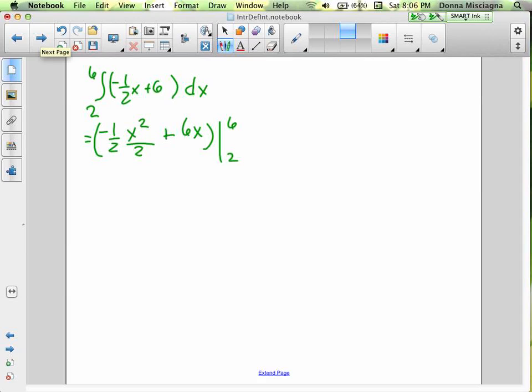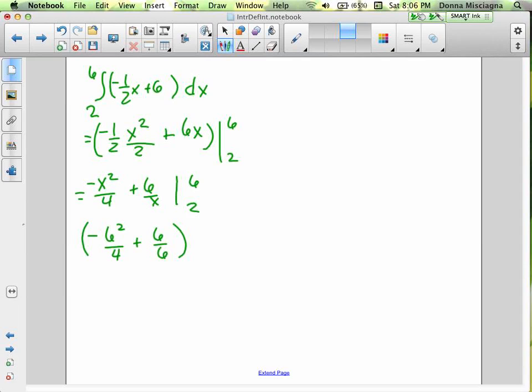Let's simplify that. So negative x squared divided by 4 plus 6x from 2 to 6. All right, now we plug in the 6 everywhere. So negative 6 squared over 4 plus 6 times 6.